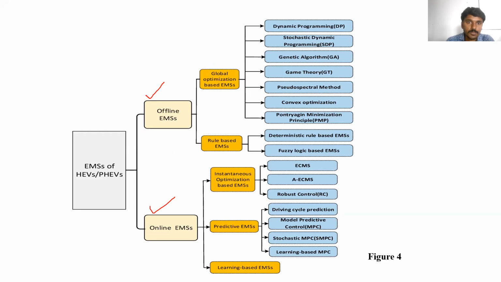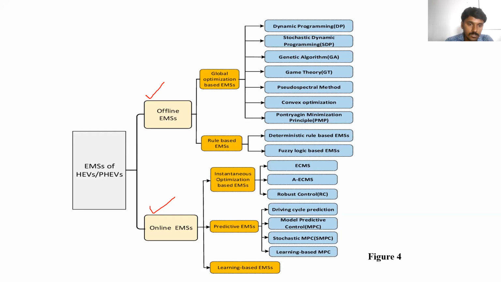Again, the global optimization based energy management systems include dynamic programming, stochastic dynamic programming, genetic algorithm, game theory, spectral method, convex optimization, and Pontryagin's minimum principle, PMP. Next, the rule-based energy management system includes deterministic rule-based and fuzzy logic-based energy management systems.